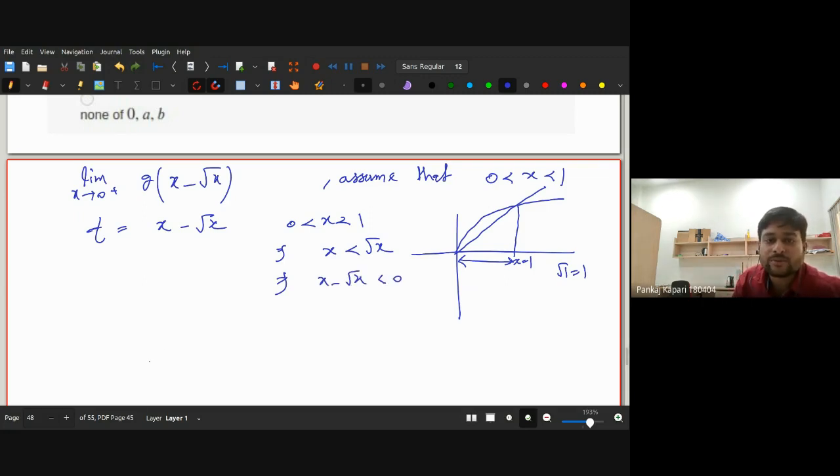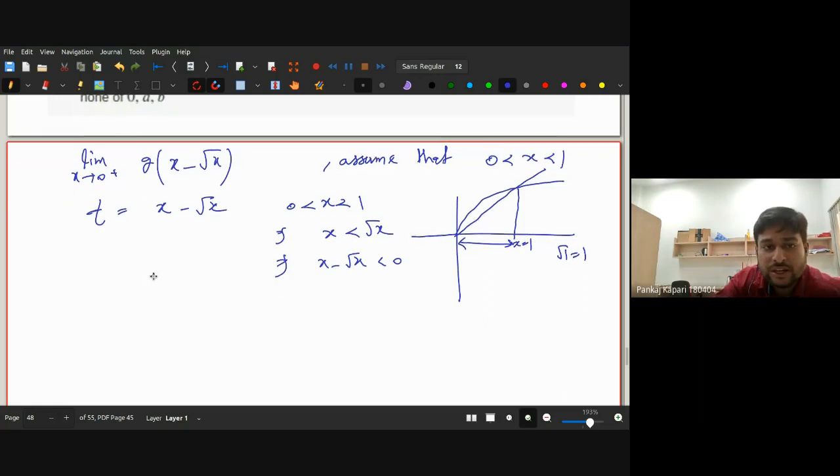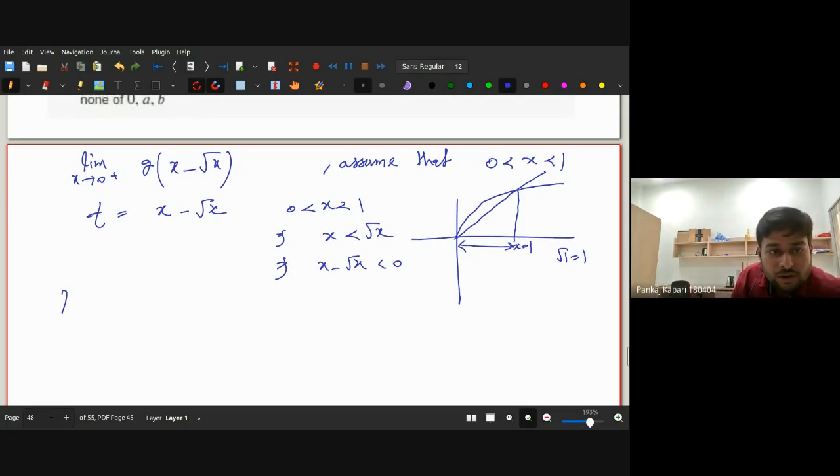If x lies between 0 and 1, then x minus root x is negative, and therefore the limit when x goes to 0 from the right hand side of g of x minus root x is the same as the limit when t goes to 0 from the left hand side of g of t.